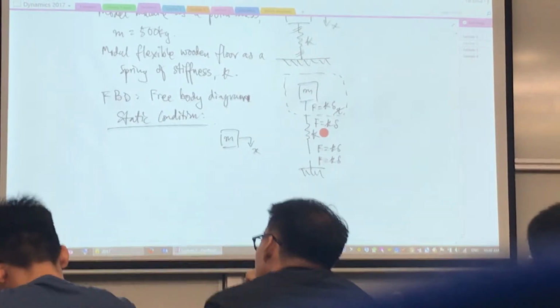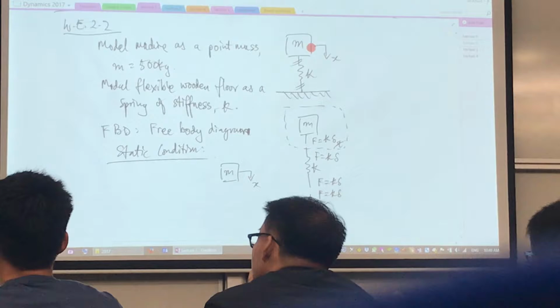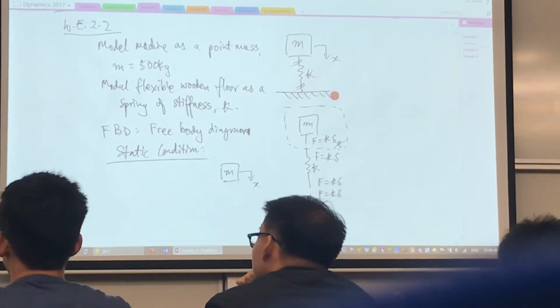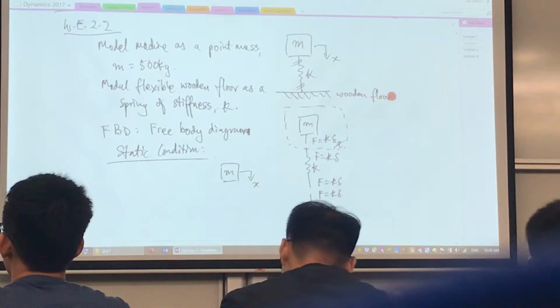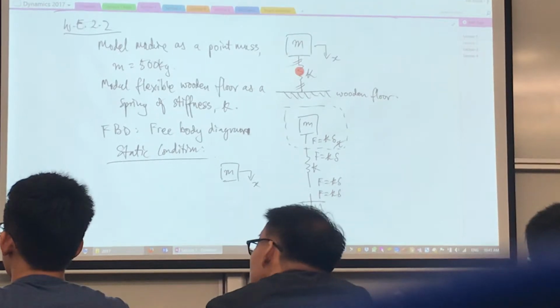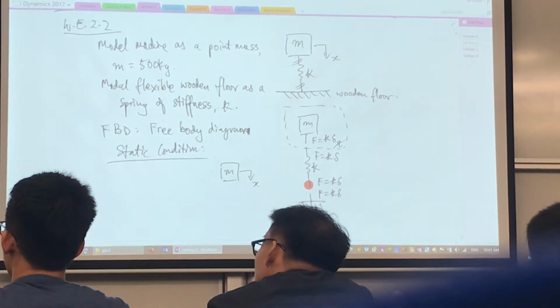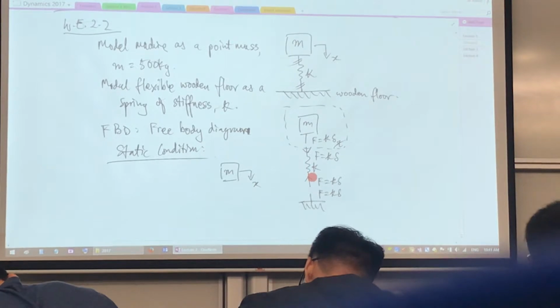Now, if you have this mass resting on a wooden floor, will that spring be under compression or extension? Compression. Once I know it's compression, I'll do this to the spring. The forces compress. So these are the steps that you need to go through.